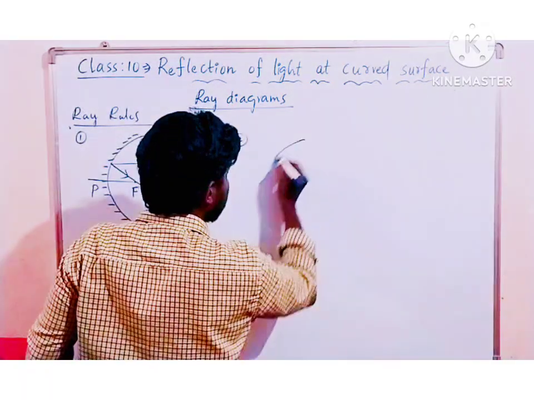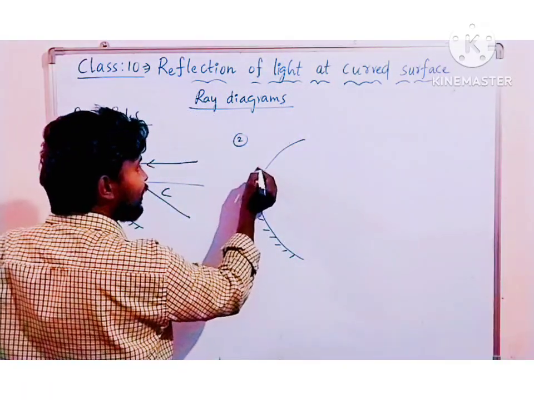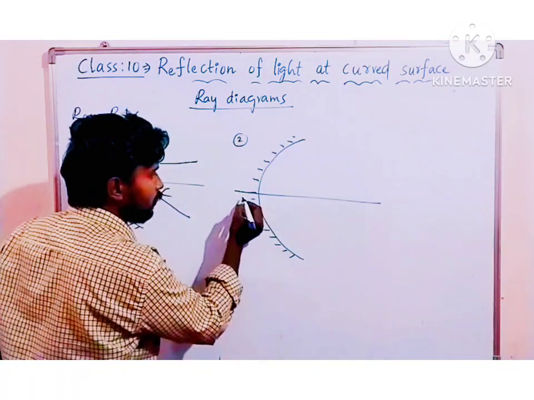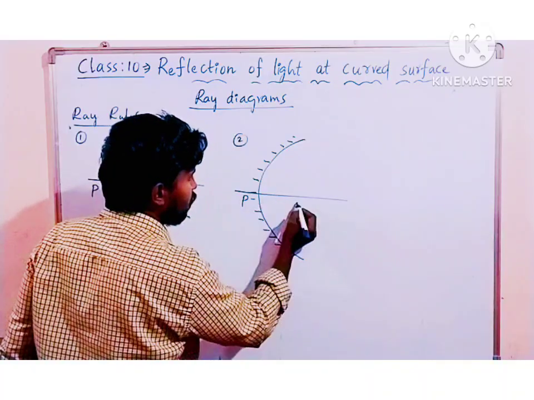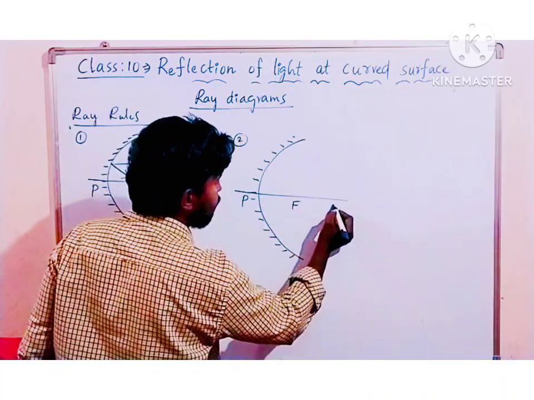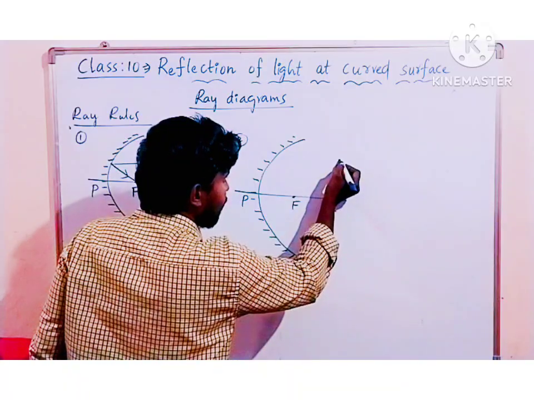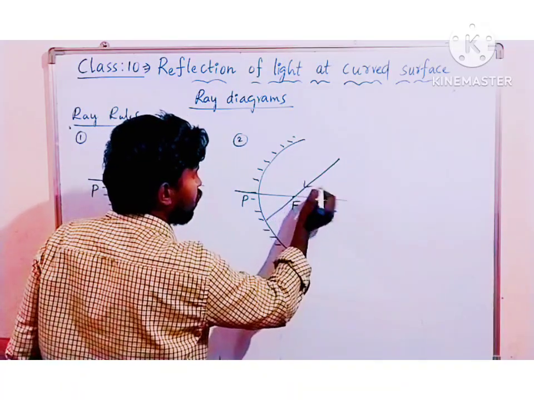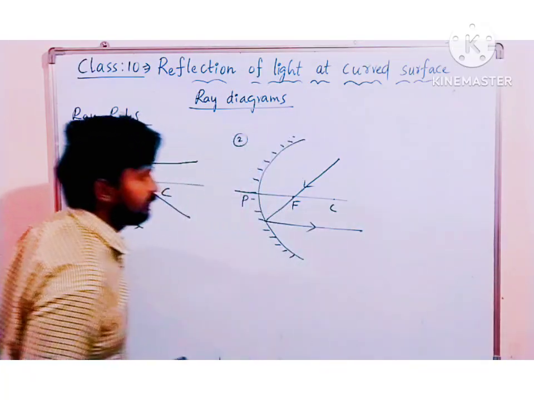Next, rule 2 is the inverse of rule 1, opposite to rule 1. Here it is the pole, the focus, the center of curvature. When a light ray passes through the focus, after reflection it moves parallel to the principal axis.